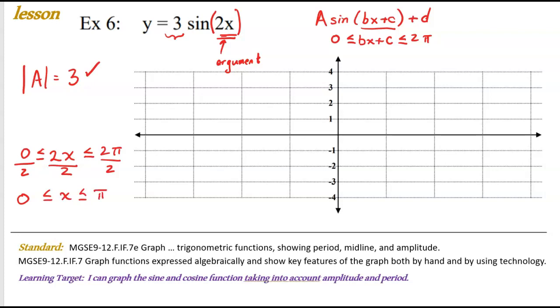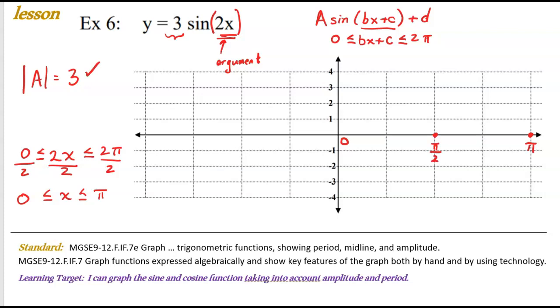So here's what this means. This means where the original curve went from 0 to 2 pi for my x values, now my x values are going to have a period from 0 to pi. So now I'm going to actually label this from 0 to pi. Now this is pi over 2.